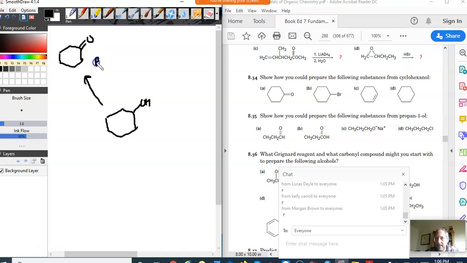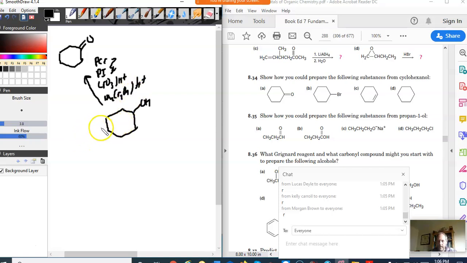You can use PCC, or PDC, or CrO3 and acid, or Na2Cr2O7 and acid. Any one of those 4, choose one, whichever one you put is the correct one. If it's secondary, you can choose the mild ones, PCC and PDC, or you can use the stronger ones because you can't oxidize any further.